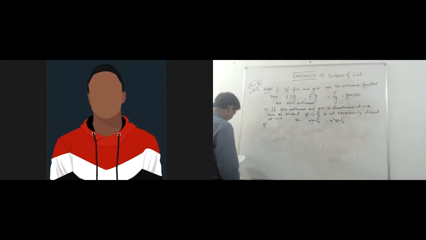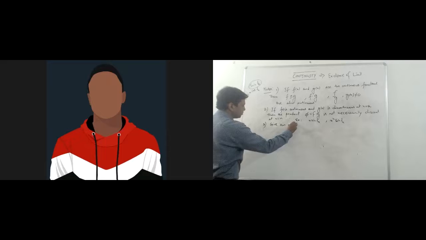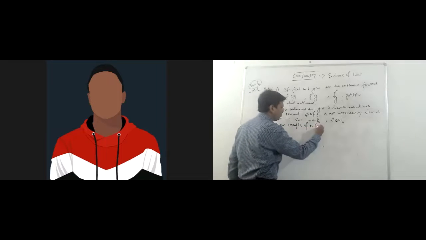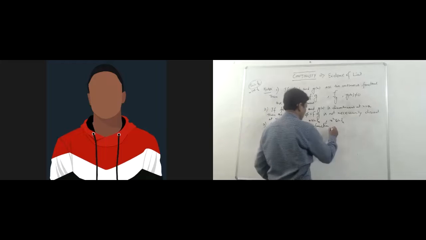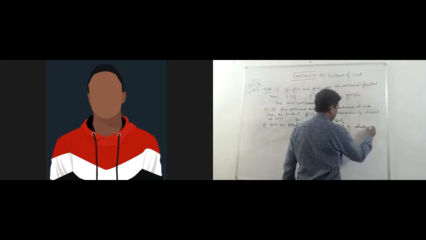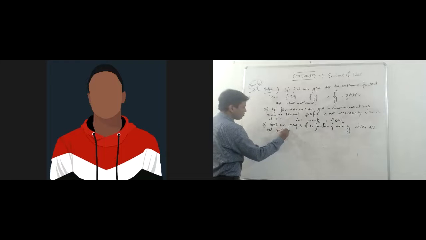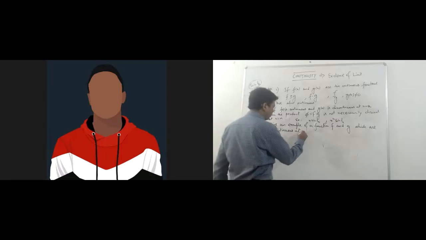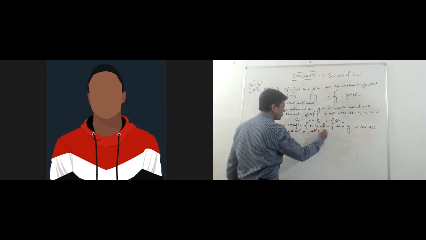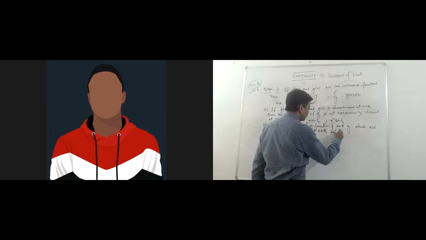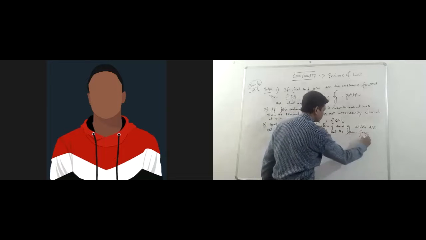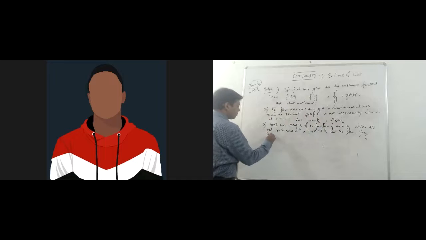Next, number 3. Give an example of a function f and g which are not continuous at a point c belonging to R, but the sum f plus g is continuous at c.